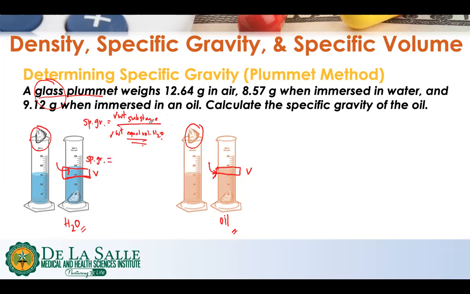So, the apparent loss in weight of the glass plummet in oil is equal to 12.64 grams minus 9.12 grams, and the apparent loss in weight of the glass plummet in water is 12.64 grams minus 8.57 grams.